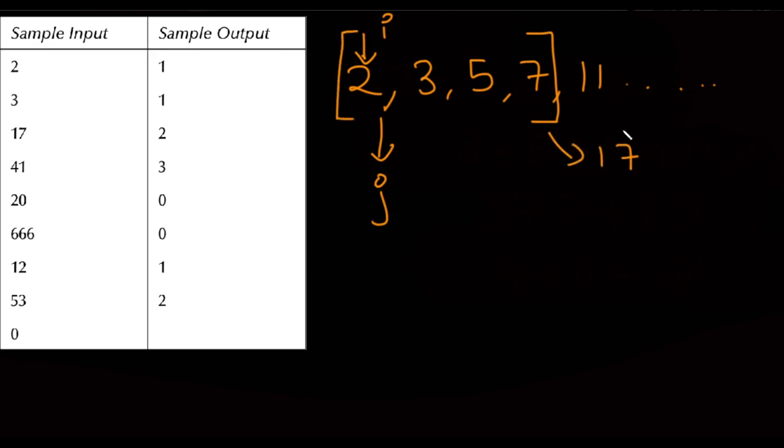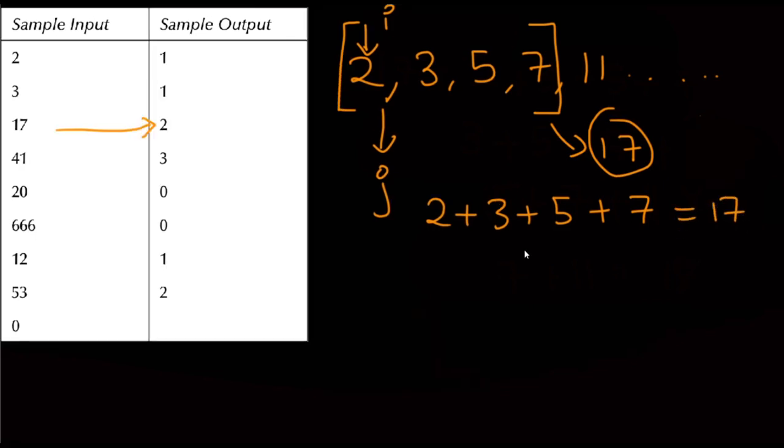So let us take an example of 17 and see. 2 plus 3 plus 5 plus 7 is equal to 17. Once our sum is equal to our given input, we'll move our i to the next and our j also to the next, and then for the remaining numbers we'll check whether the sums are equal to our given input or not.